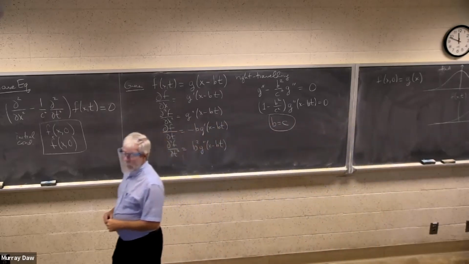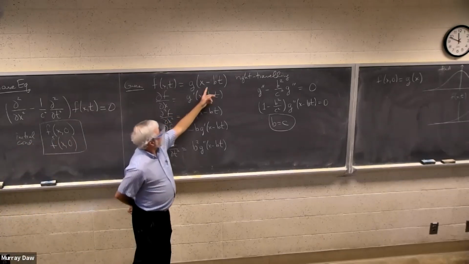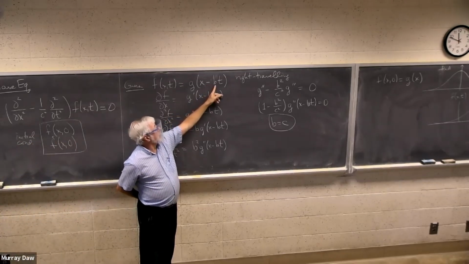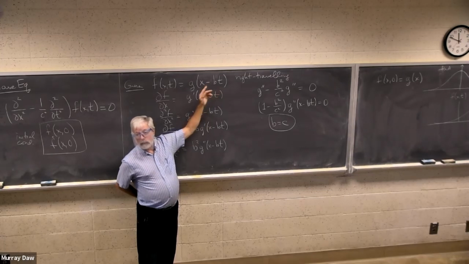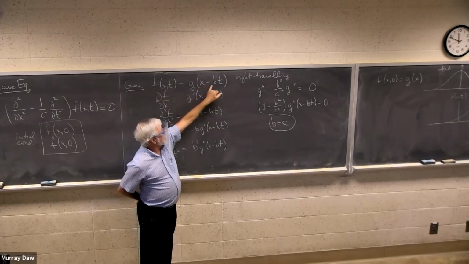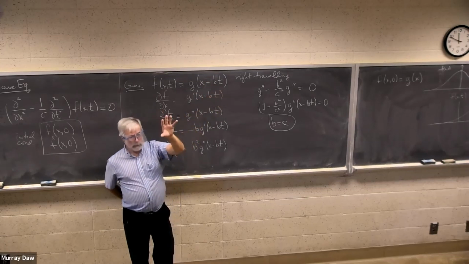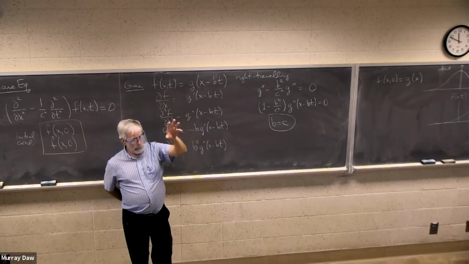Yes, ma'am. I'm sorry, which one did you say you flip the sign of to get it? Yeah, if I flip the sign here, if B is positive and I use plus, then it travels to the left. Because x minus bt is equal to 0, it will follow whatever feature is at the origin initially.